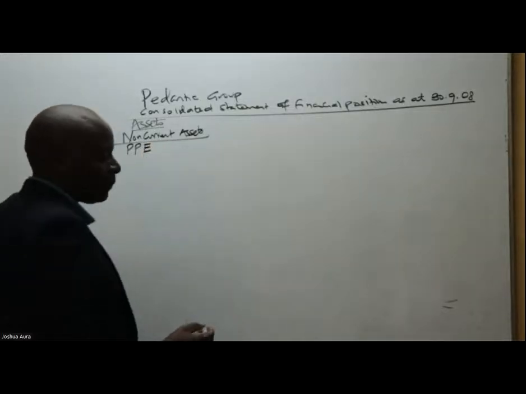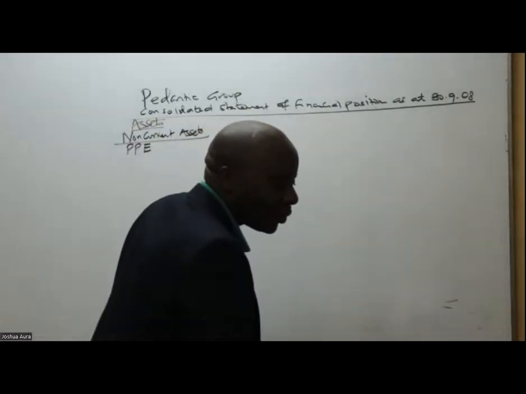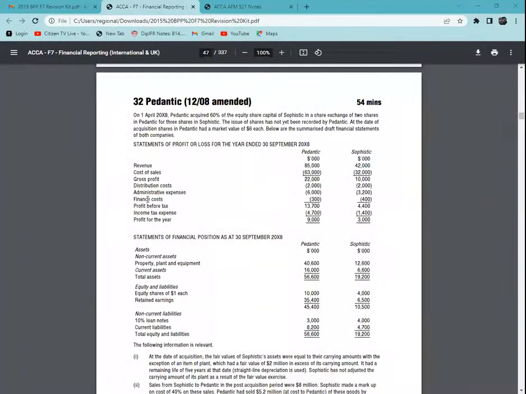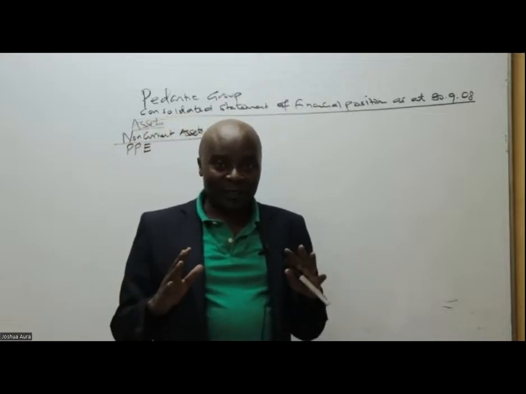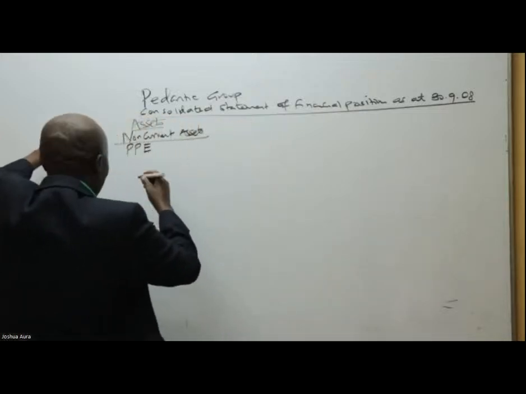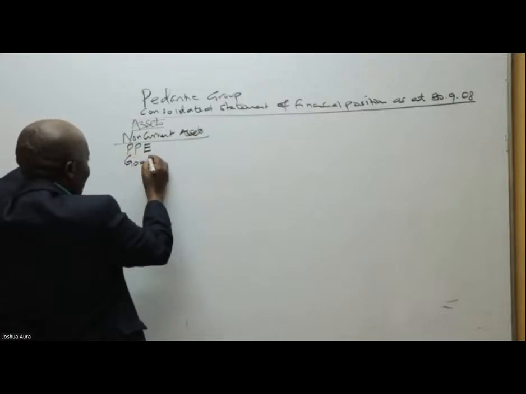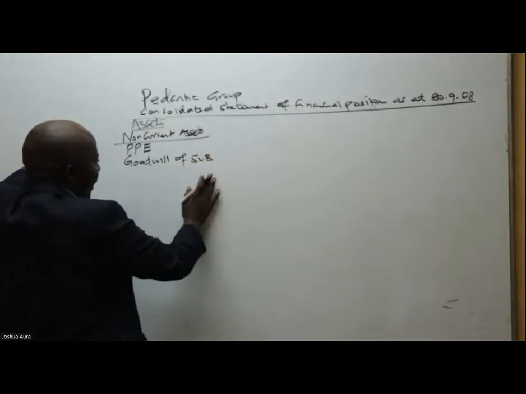Even if I'm not told, so long as I have subsidiaries, I must create some provision of goodwill for my subsidiaries. So anytime you've got subsidiaries, as a non-current asset you must give us your goodwill. Goodwill of subs. You don't write it in full, just goodwill of subs.